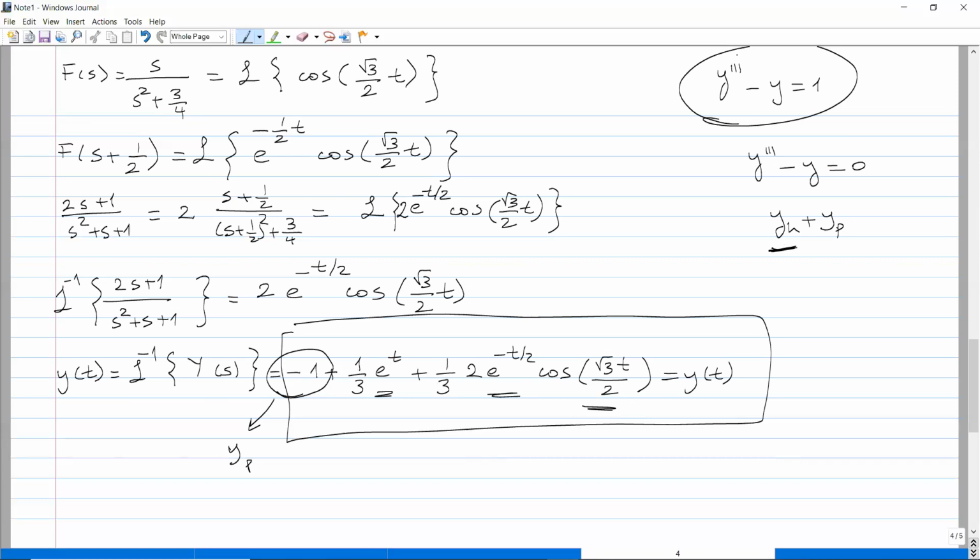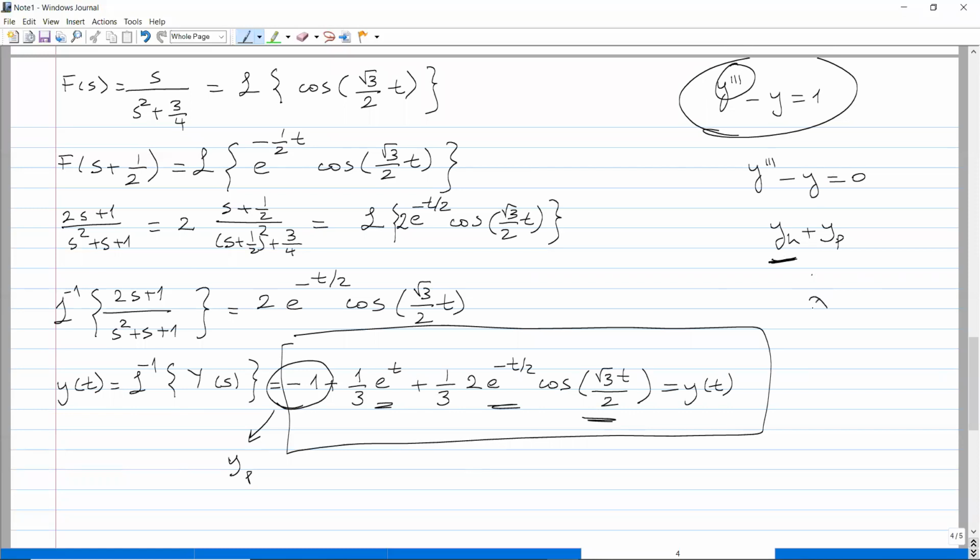Since it is of third degree, its characteristic equation is lambda cubed minus 1 equals 0. So lambda minus 1 times lambda squared plus lambda plus 1 equals 0.